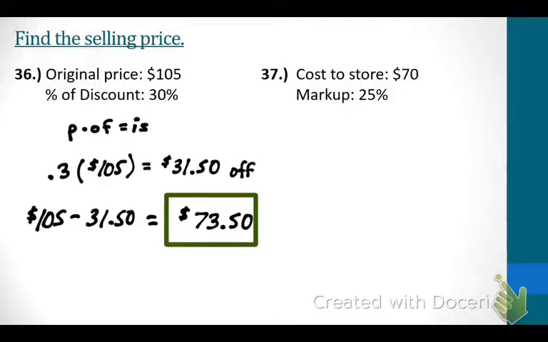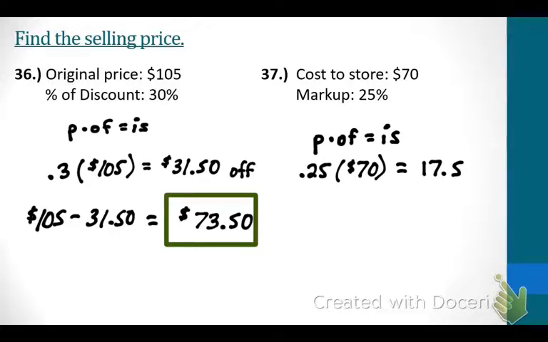So help me with this one, please, Elijah. Okay, what do you get when you do 0.25 times $70? 17.5. What is 17.5 as far as dollars and cents? $17.50. Okay, is that the new price? No, what is that?